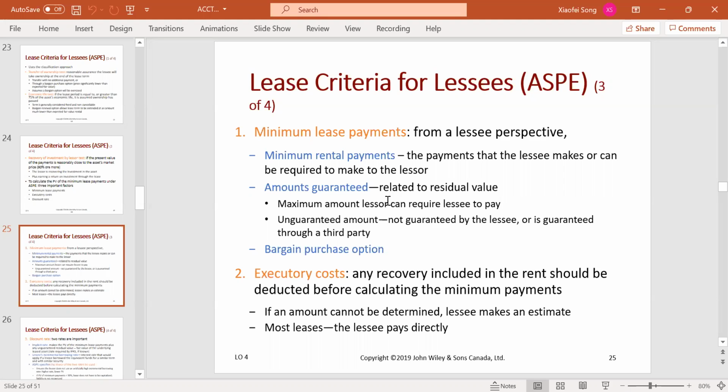When it's returned, you have to estimate the residual value, and the residual value can be guaranteed or unguaranteed. If it's guaranteed and when the property is returned the actual value is lower than the guaranteed value, lessee has to pay. If the residual value is not guaranteed, it doesn't matter.